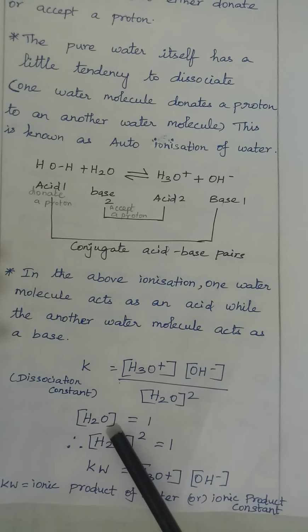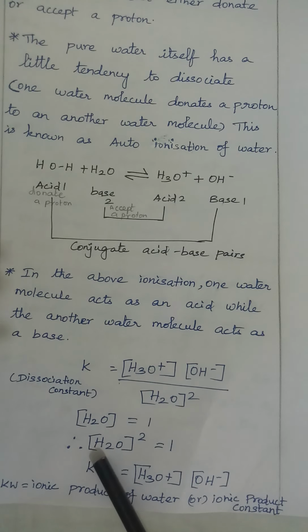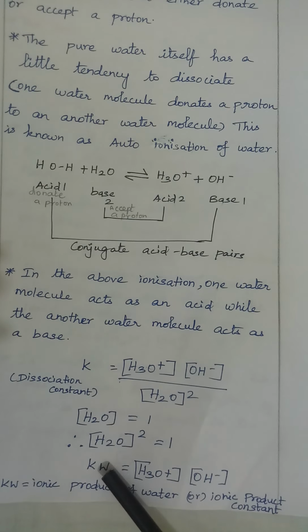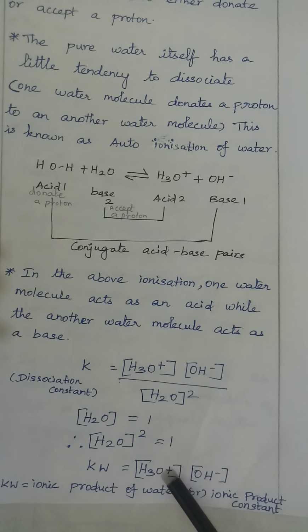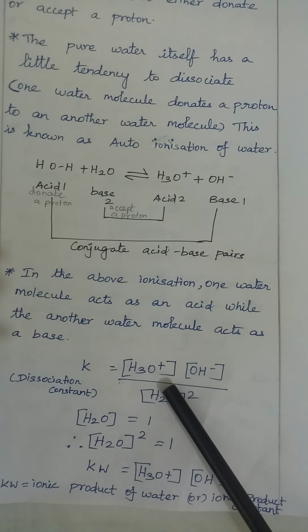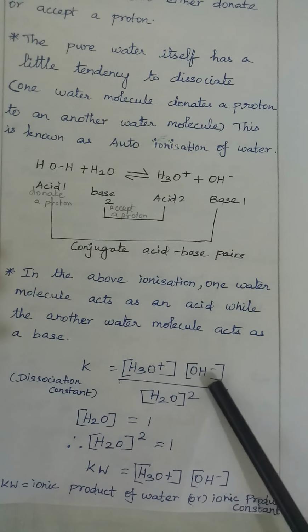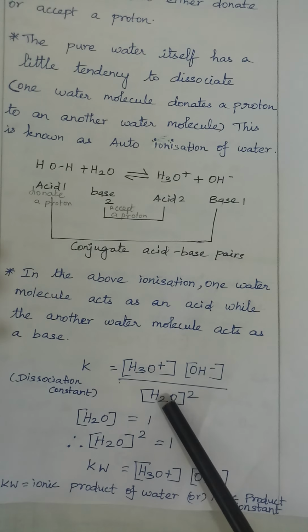The H2O concentration is taken as 1, so H2O concentration squared is also 1. So K becomes Kw. What is remaining? H3O+ concentration and OH- ion concentration. The square bracket indicates concentration.